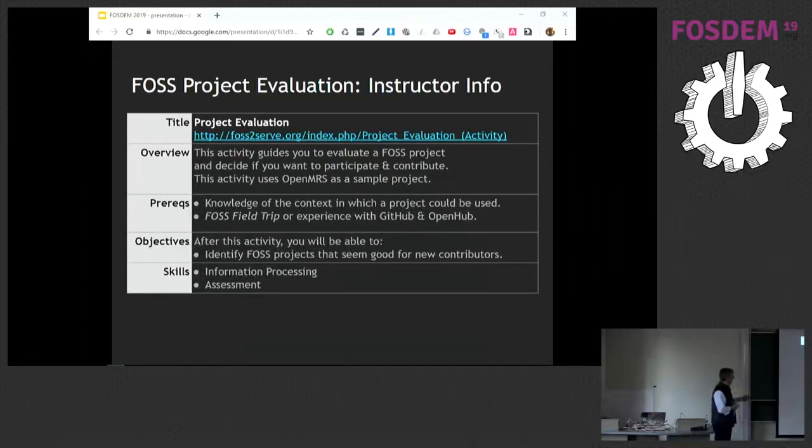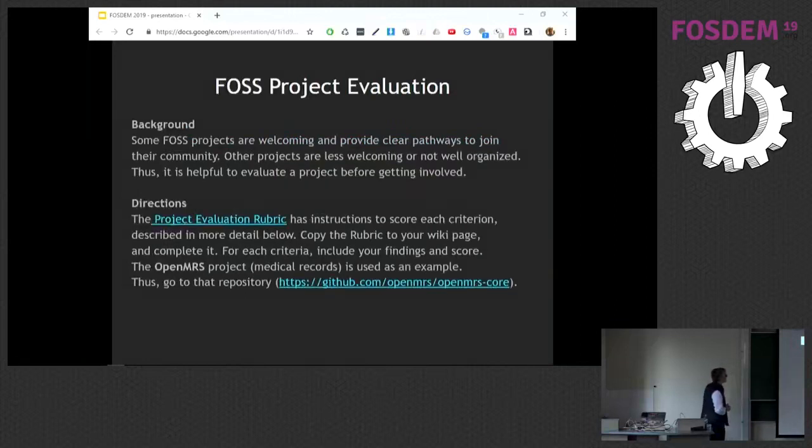We have some overview information, mostly for the teacher's reference, not the student's. You're going to look at a project and at a set of different characteristics, and decide whether this is a good approach. So we have some background, and we're trying to give very clear step-by-step directions.